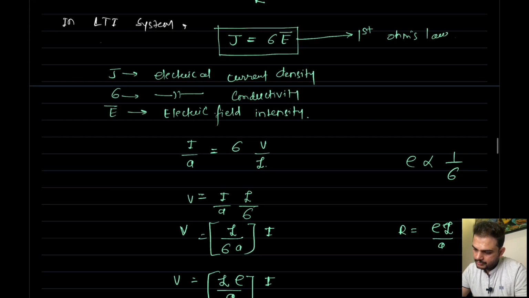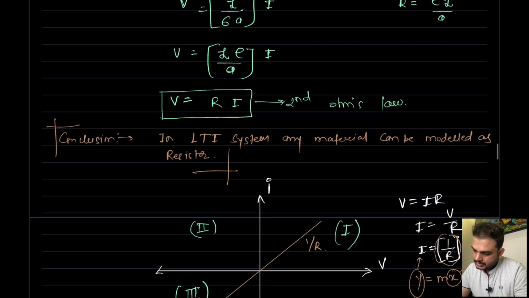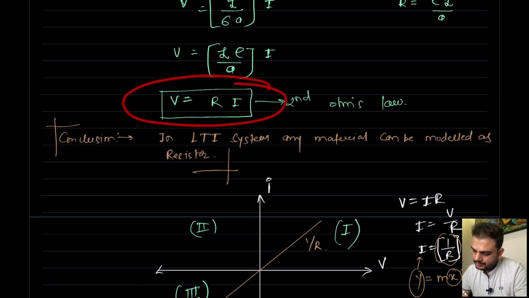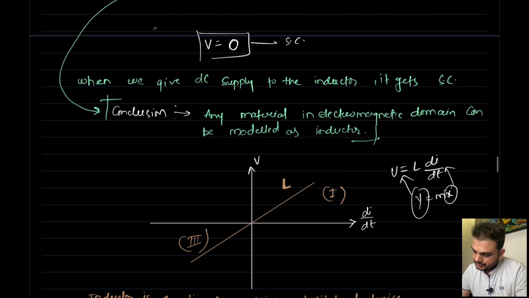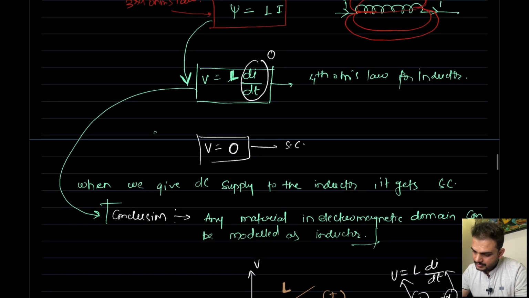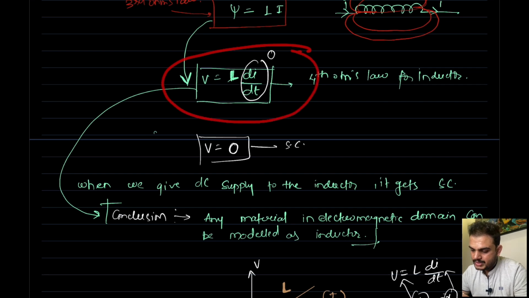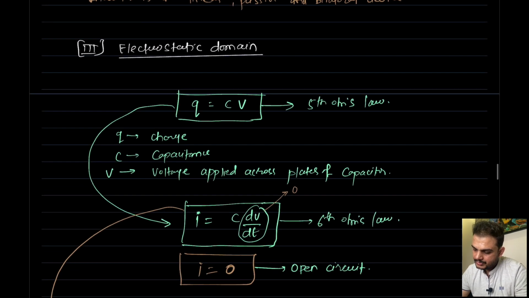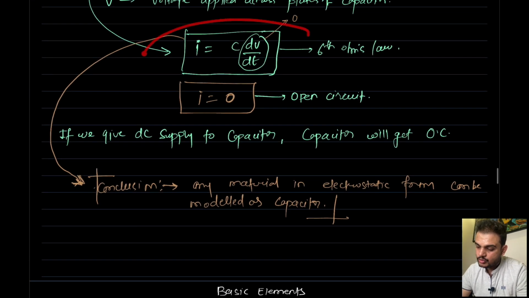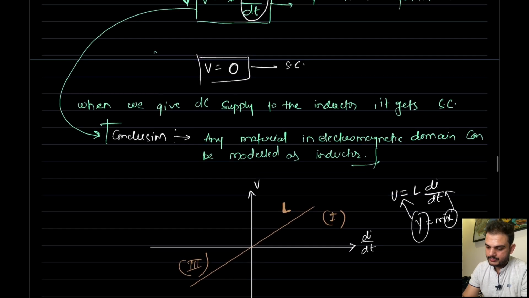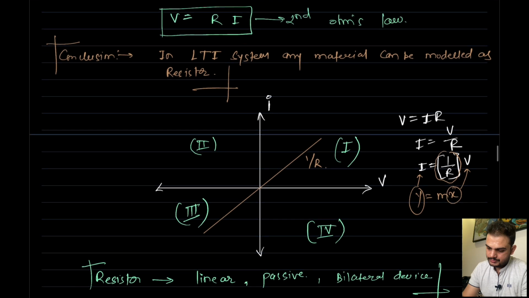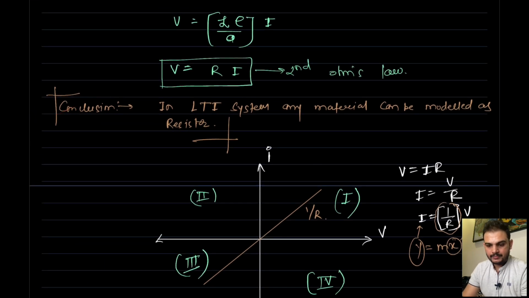This is my first Ohm's law, this is my second, this is my third Ohm's law for inductor, this is my fourth Ohm's law, V is equal to L di by dt, this is my fifth Ohm's law for capacitor, and this is my sixth Ohm's law for the capacitor, right? And these conclusions are very important.